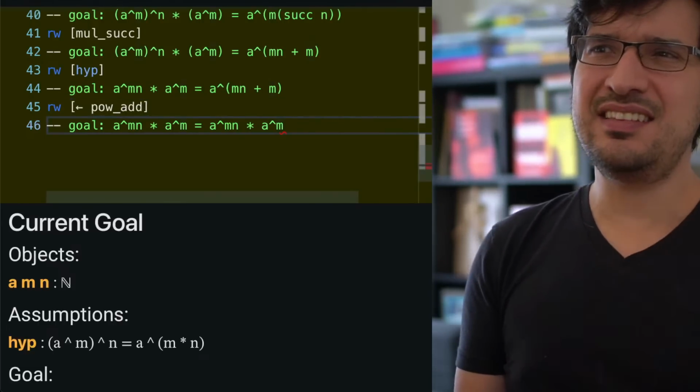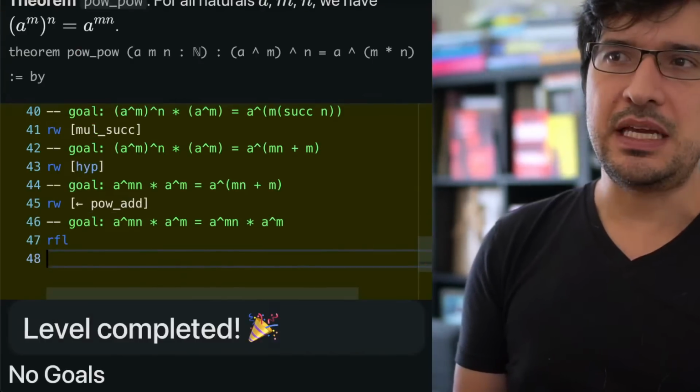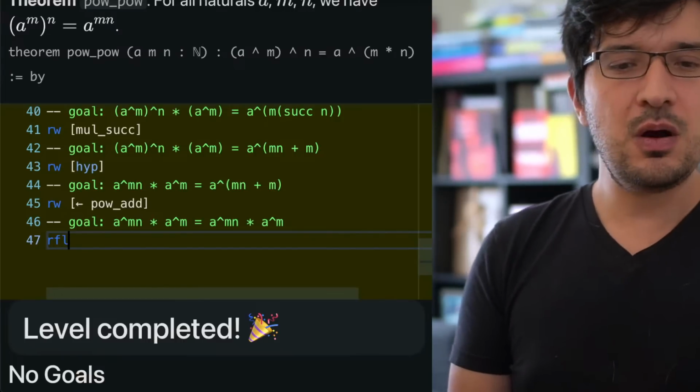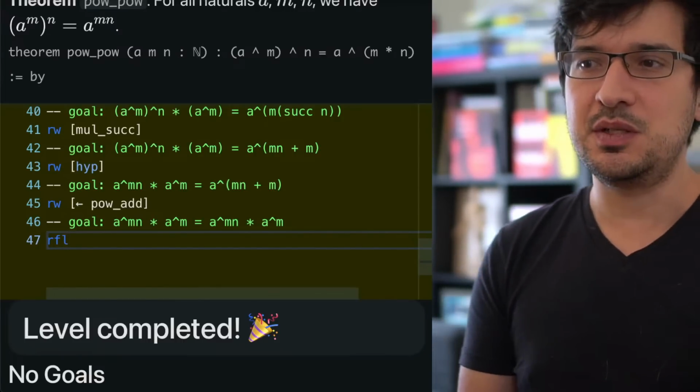So it's things like this that make Lean a little fiddly to me. It's just like, do I use the left arrow or not? What's the name of the right theorem to use?